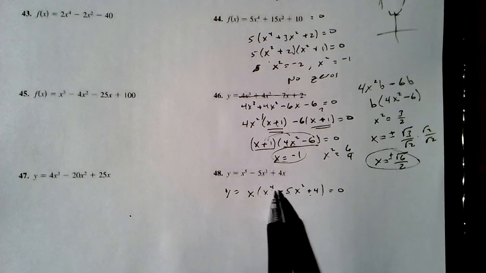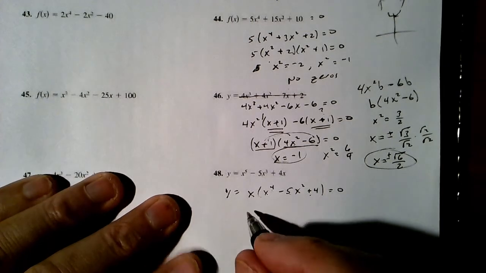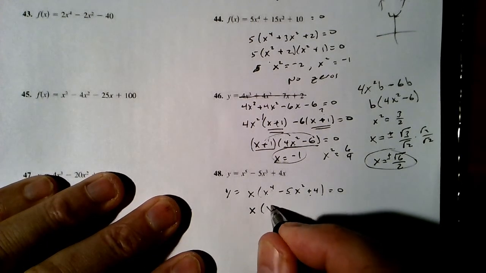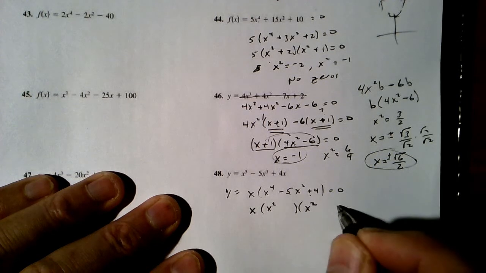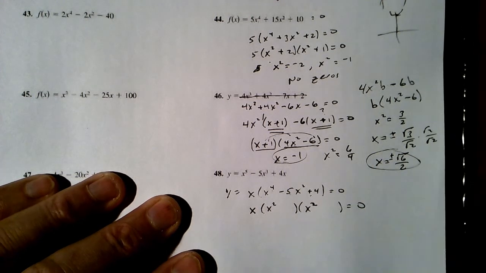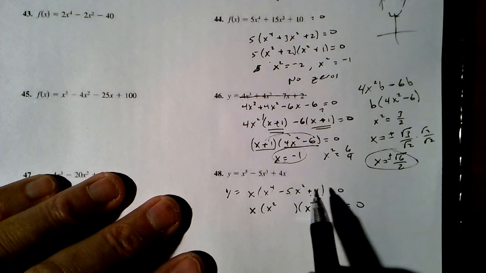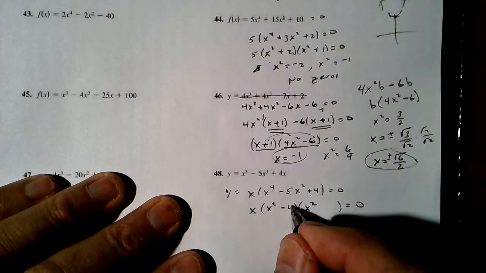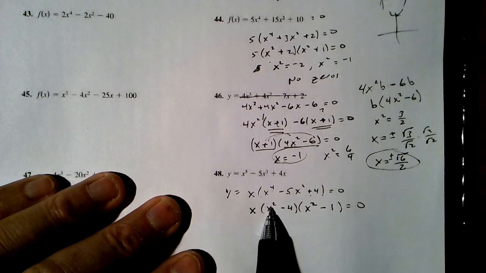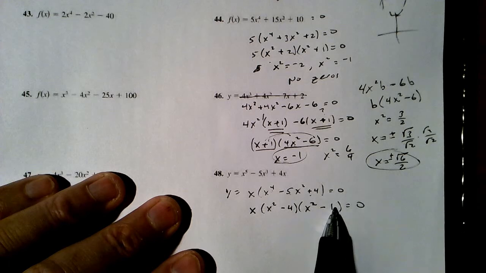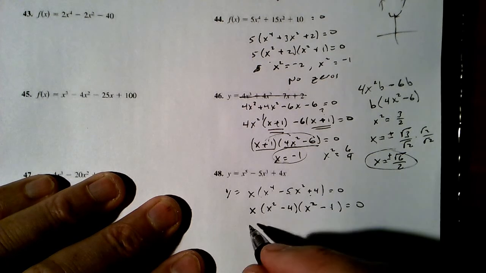X squared squared minus 5x squared plus 4 times no x squared. So x times, maybe it factors into x squared. Are there factors of positive 4, two numbers that multiply to be positive 4 that add up to be -5? Minus 4, minus 1. FOIL it, check it. X to the 4th minus x squared minus 4x squared plus 4.